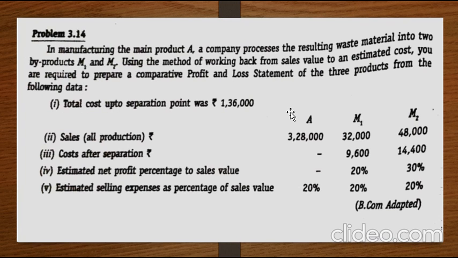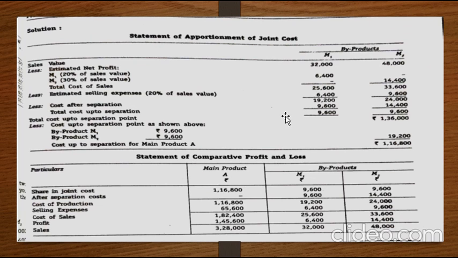Now you have found out the cost for M1 and M2, which is 9,600 and 9,600. So from this total cost 1,36,000, we will minus this 9,600 of M1 and 9,600 of M2 to find out the cost only for the main product A, which will give you 1,16,800.